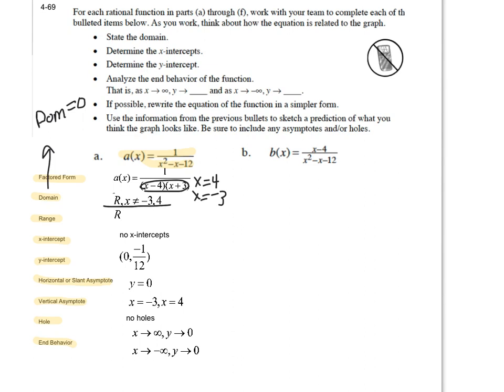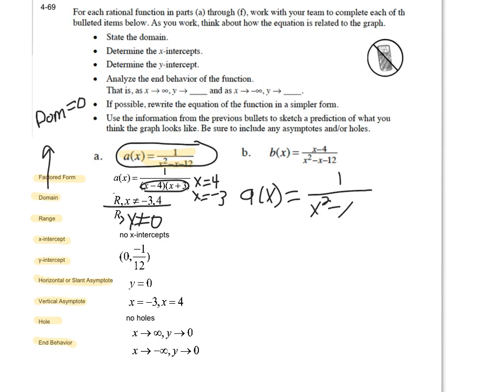Now the range is going to be all reals except y is not going to be able to equal 0. Because if you analyze this graph or analyze the function, you'll see that the output y values can't be 0. Now, in order to do that from a graphical or from an equation standpoint, if I have a of x equaling 1 over x squared minus x minus 12, and I start thinking about, okay, what are my output values going to be?